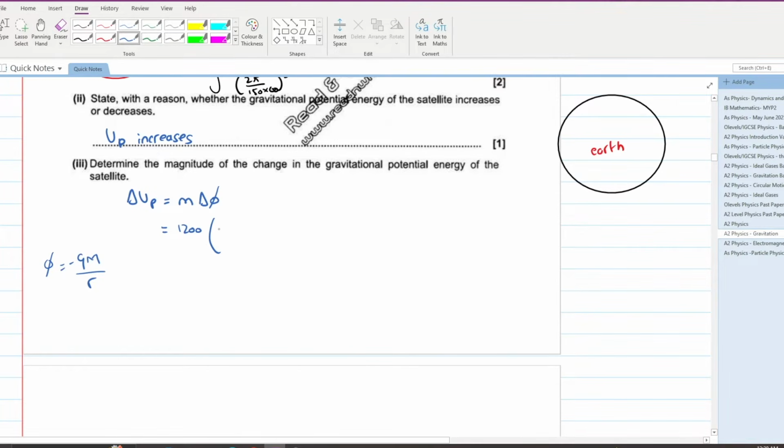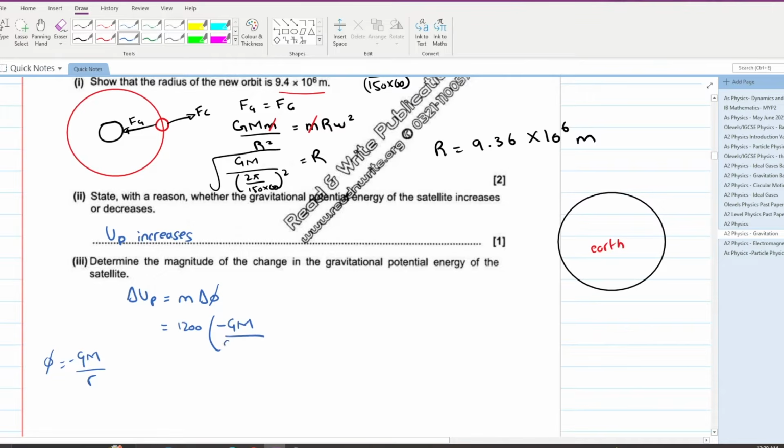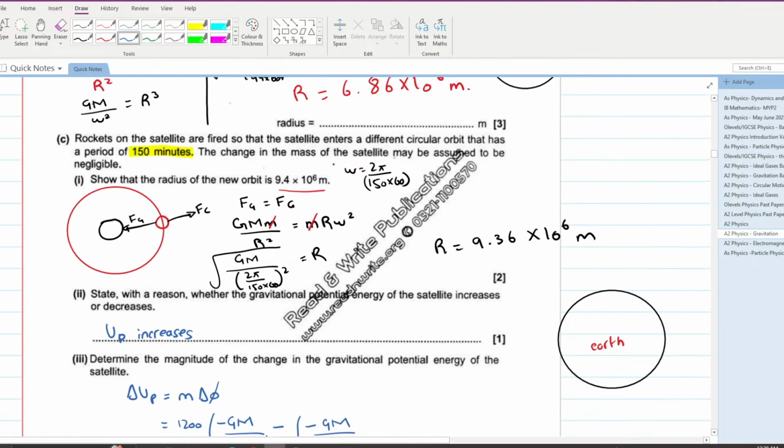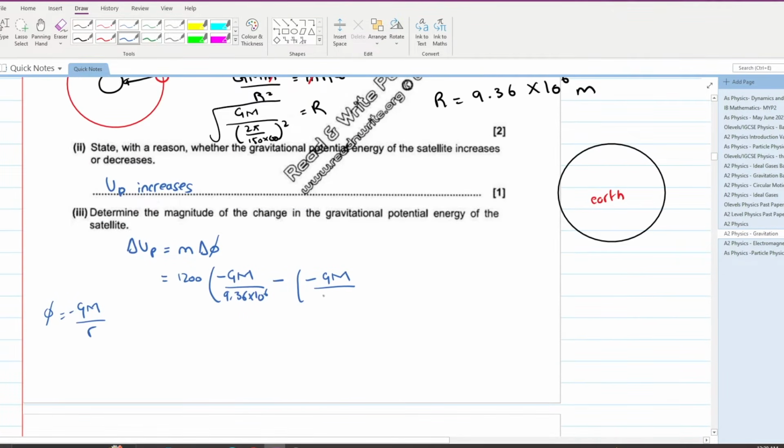Okay, so first of all, minus capital G, capital M. What will be the R at the final position? You have just calculated 9.36 into 10 raised to the power 6, minus whole minus capital G, capital M. What is the R now? The R now is, initial R is 6.86 into 10 raised to the power 6.